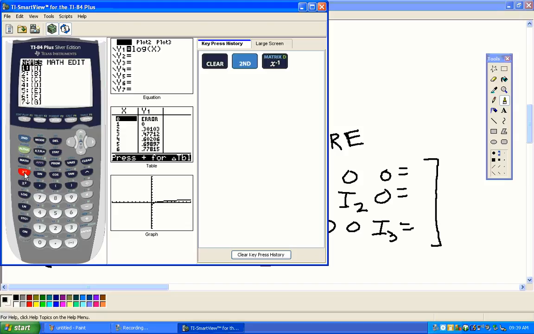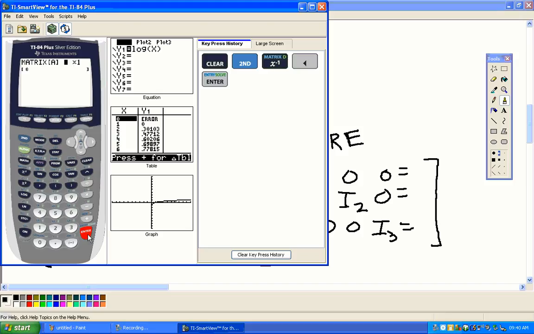On this calculator, that is under the matrix button, which is above the x to the minus 1 button. We need to do an edit so that we get the matrix in there. I'm going to call this guy A. He is asking me how many rows and how many columns I want.